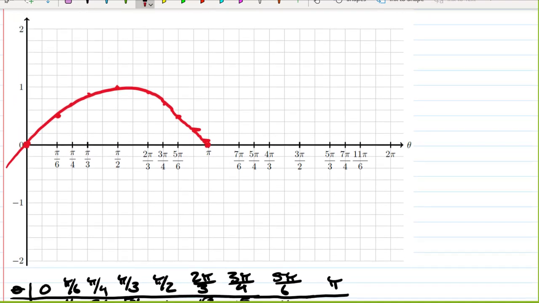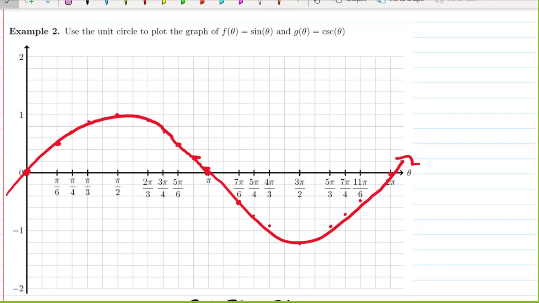So we finish our graph, and we get pretty much the same values. And we get something that looks like this. So that would be the graph of f of theta equals 2 sine theta.